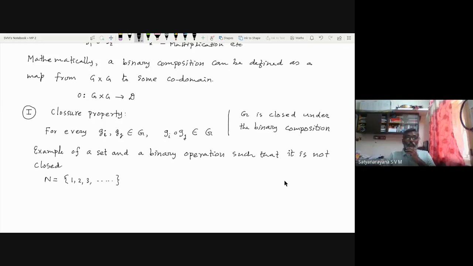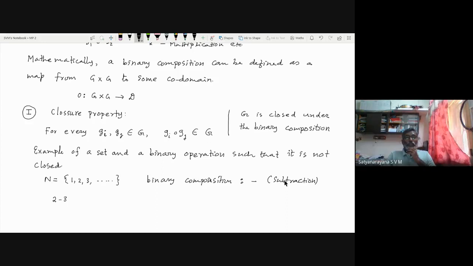And binary operation, binary composition is, let's say, subtraction. So if I use subtraction as a binary composition, then you can say 2 minus 3.